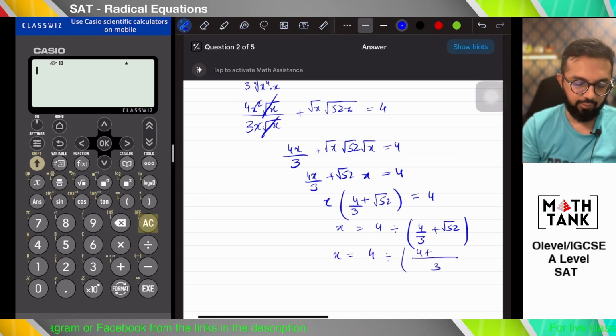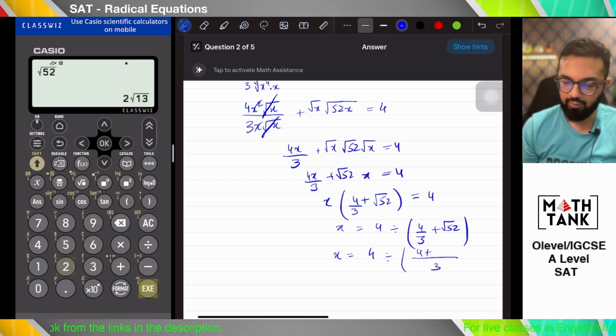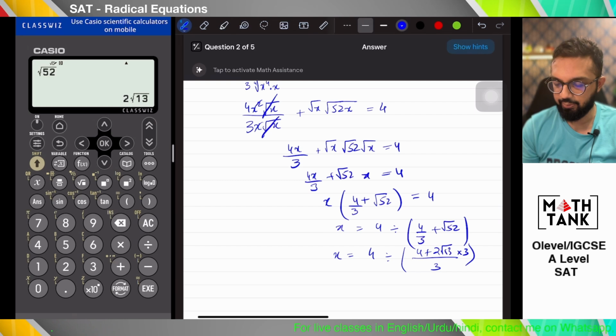What's root of 52? I think that should be 2 root 13. 2 root 13 multiplied by 3, so that's 6 root 13. So 4 multiplied by 3 over 4 plus 6 root 13. So that's 12 over 4 plus 6 root 13.